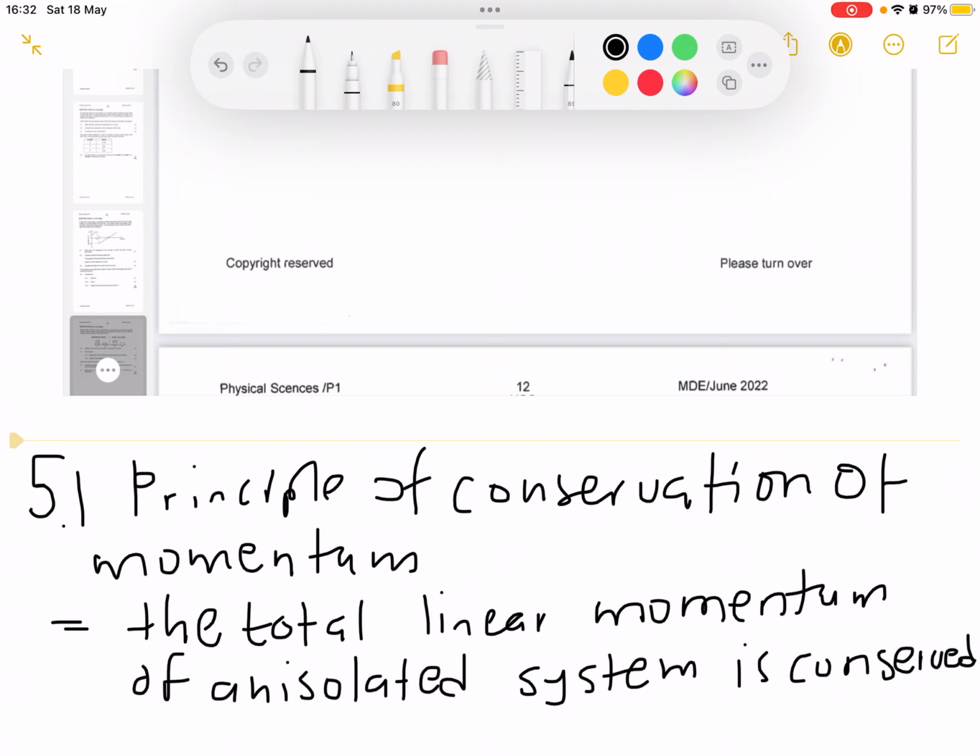Now, the statement basically means that the momentum before a collision in an isolated system and the momentum after a collision in an isolated system is the same or is equal.